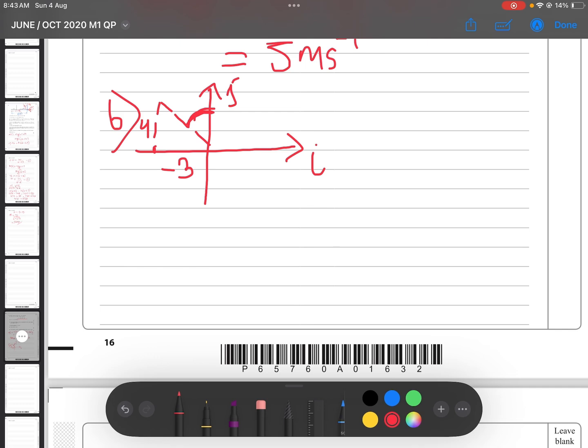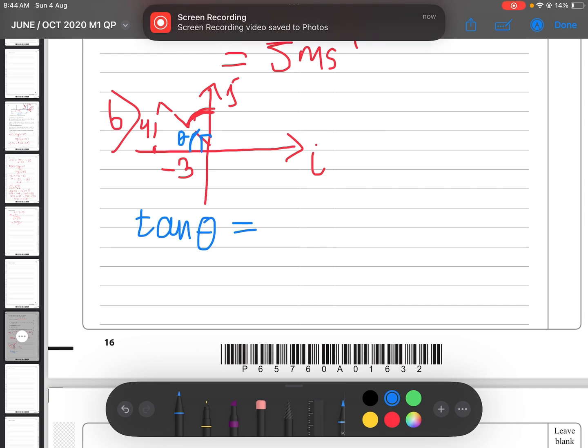So for finding this angle, first we can find out this small angle, and then we know that this is 90 degrees. So if I subtract from 90 the theta value which we find, we are going to find the angle which we need. So we can use tan theta. Tan theta is going to be equal to opposite by adjacent, that is 4 over minus 3.